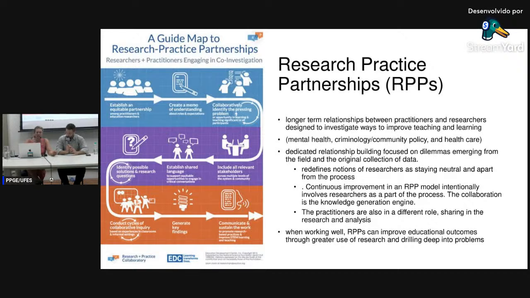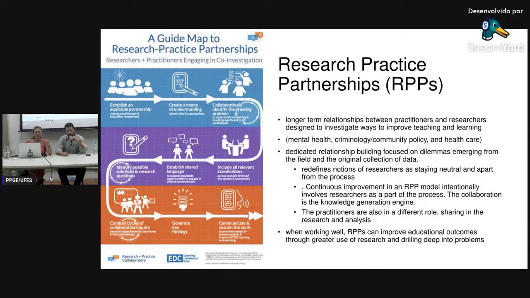And the practitioners are in a different role too, sharing in the research and the analysis. The teachers are then becoming researchers as well. Ok. So teachers end up becoming teacher-researchers too.